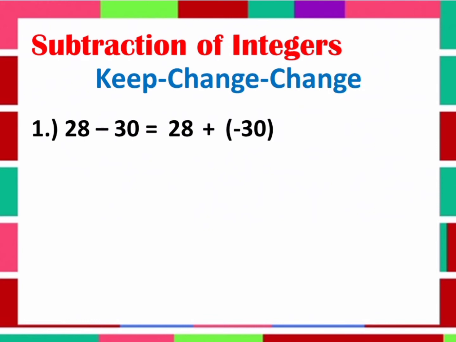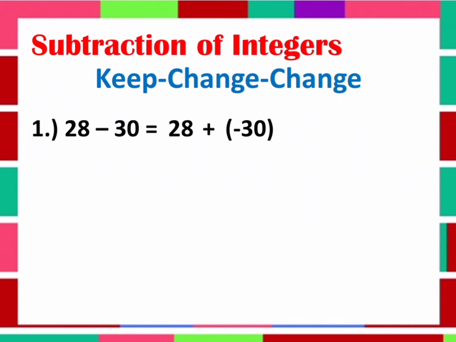After applying the KCC, let's proceed to addition rule. Look at the given. 28 plus negative 30. Are they like sign or unlike sign? Yes, they are unlike sign. So, what will you do? Correct. You are going to subtract.